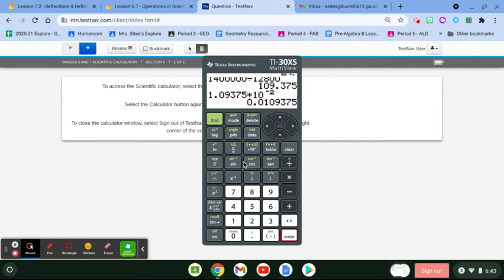So instead of making a negative 2, I should have made that into a positive 2, right? So 1.09375 times 10 to the positive 2 would have given me that same result back that I wanted, right? Yep, so I have the 109.375.